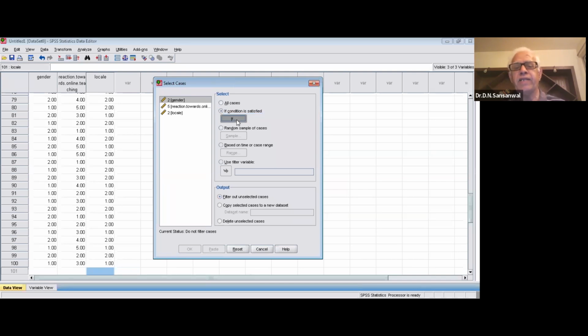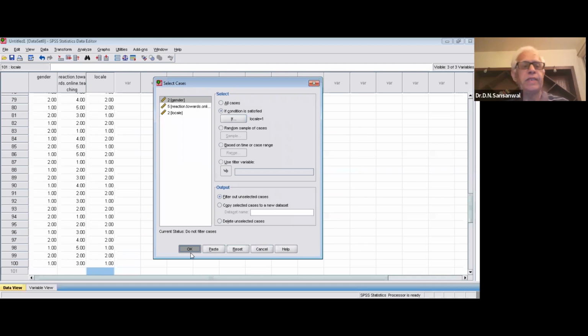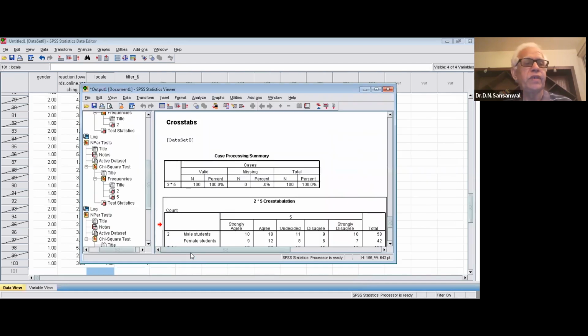And then I say if. Now I want to select on the basis of locale. Locale is equal to 1. That means now you will have the data of only the urban people.